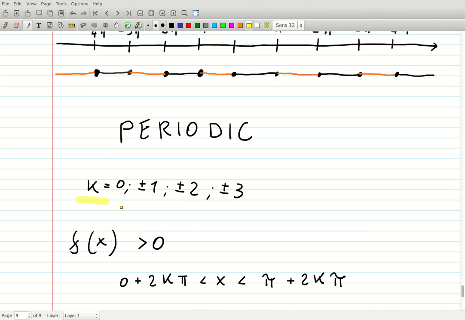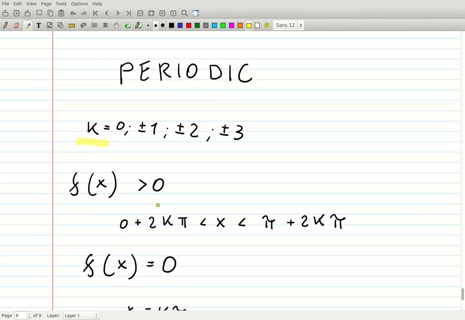Remember, k is a relative integer. Our function will be greater than 0 for x such that 0 plus 2k pi is less than x less than pi plus 2k pi.